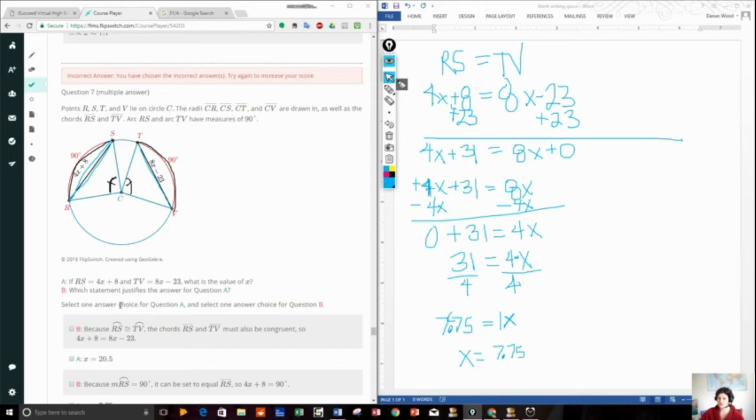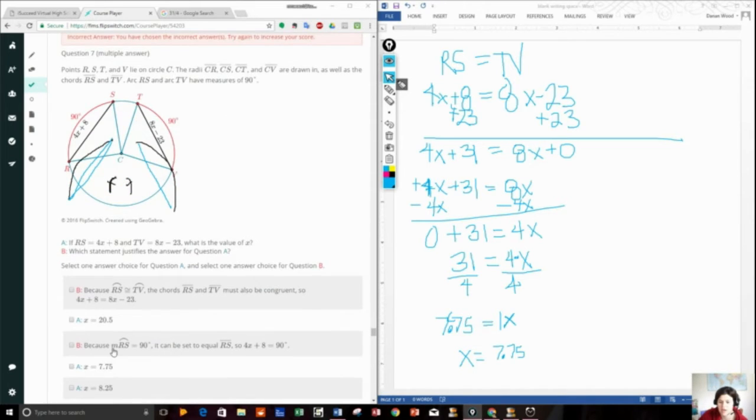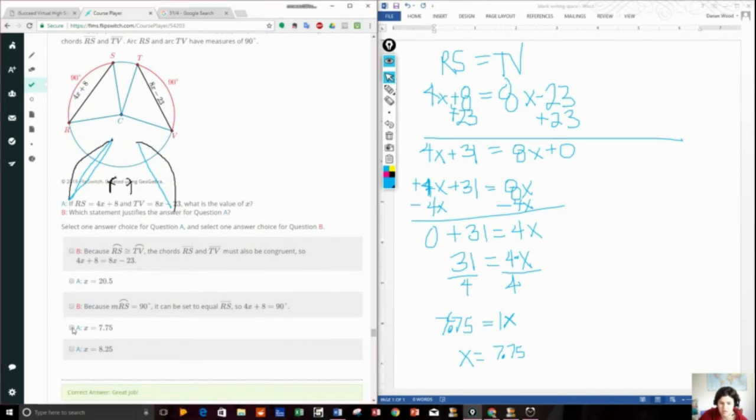Select one answer choice for A and select one answer choice for B. Okay, so what's the value of A? A is 7.75 because x is equal to 7.75, and then we're going to look at B. Because the arc RS is congruent to the arc TV, the chords RS and TV must also be congruent.